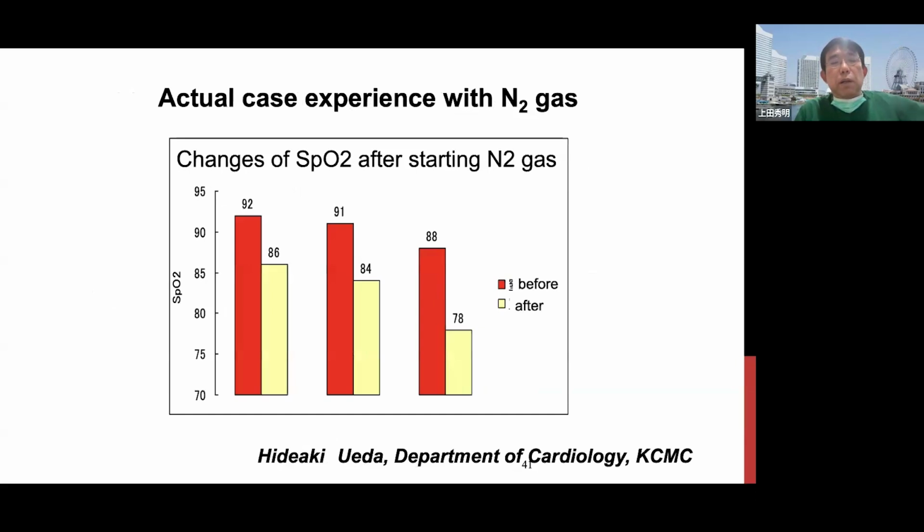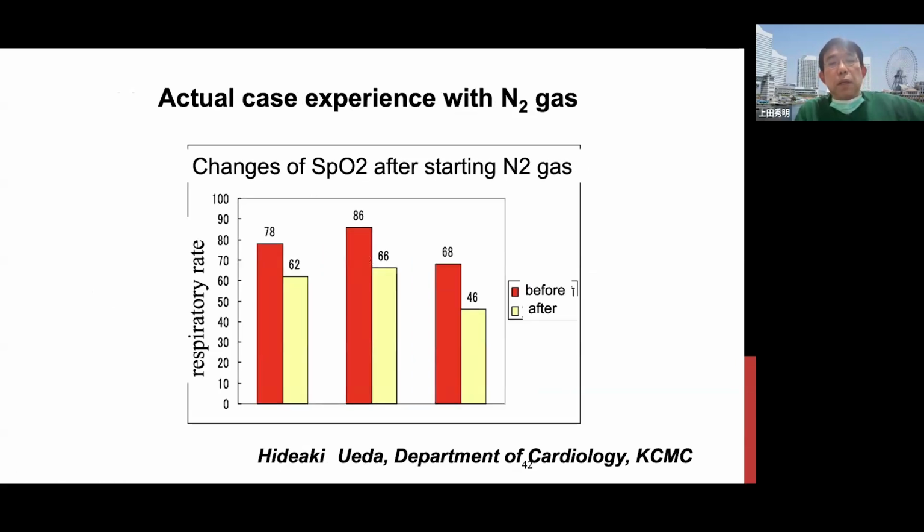These are very rough data looking at the SpO2. Soon after the insertion of the gas, you can see the saturation dropped very fast. This will happen after maybe 5 or 10 minutes. And also the respiratory rate, you can see tachypnea of around 70 to 80 will drop to 60, just below the 50s.